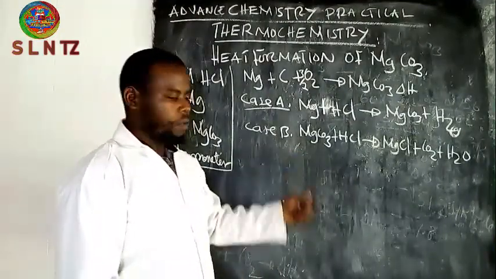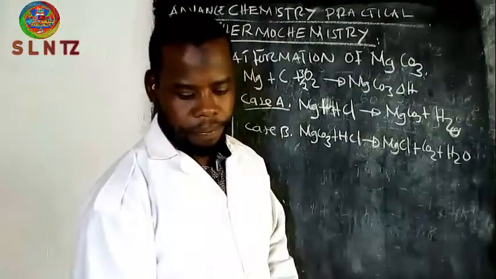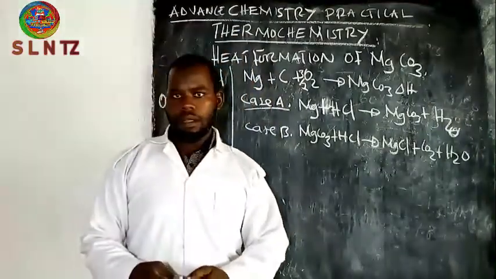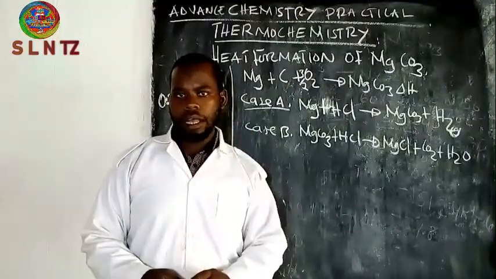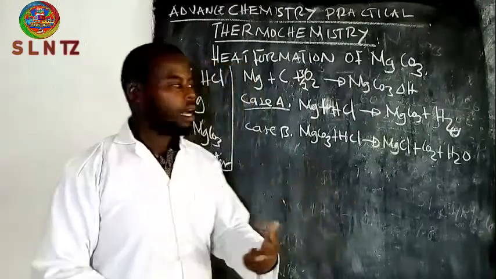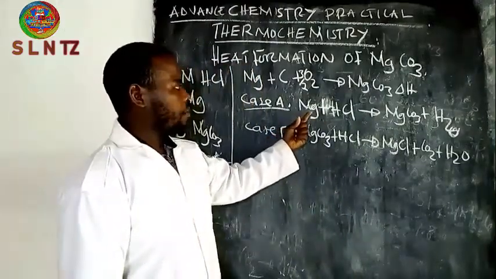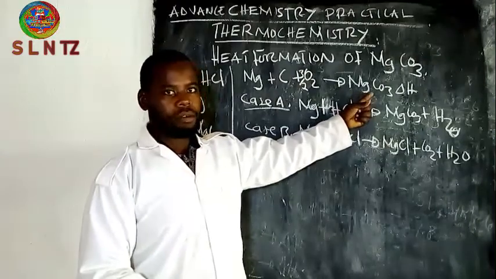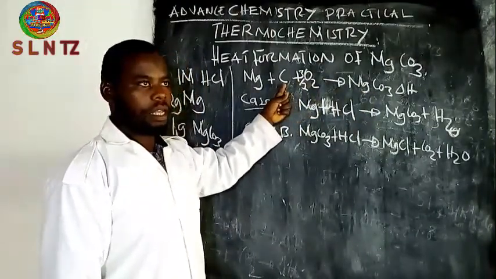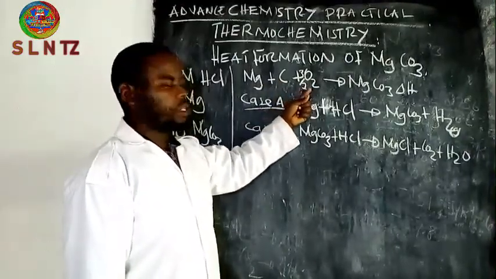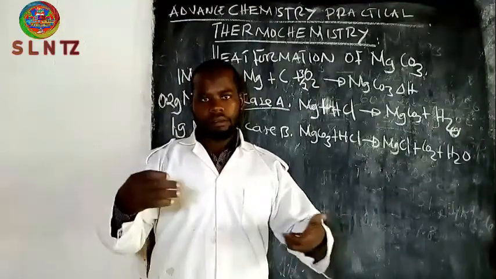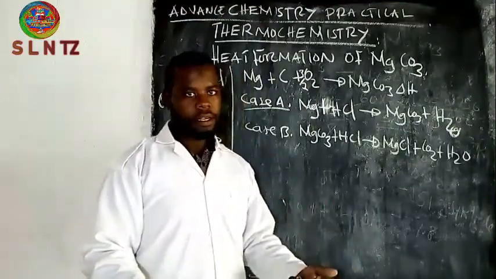So within our question we have to show the formation of carbon dioxide and the formation of water. We have shown how magnesium carbonate is formed, so we have to show the formation of carbon dioxide and where oxygen is going to be, how oxygen takes part.